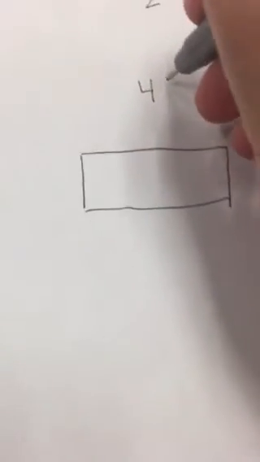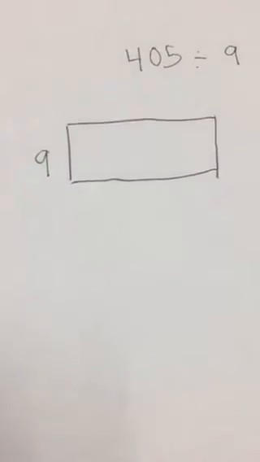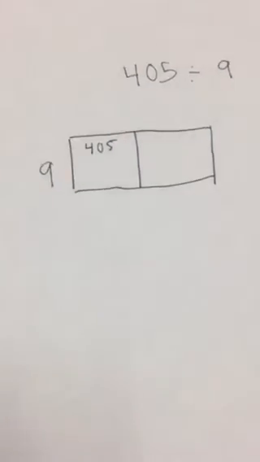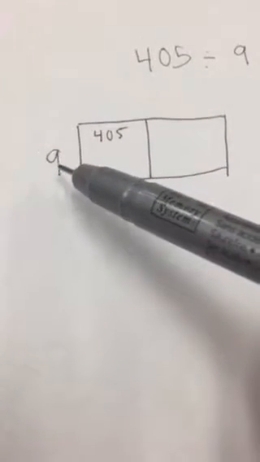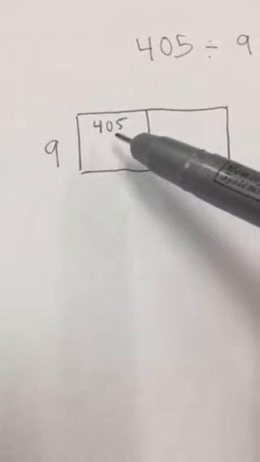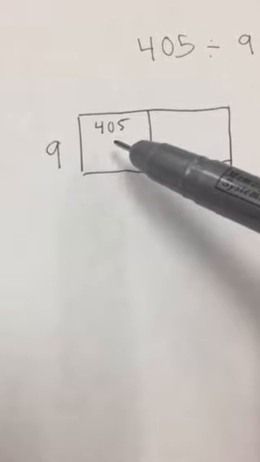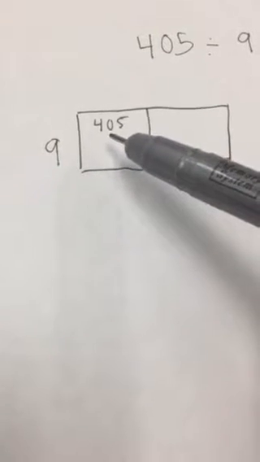Now what we're doing is, let's say we have the problem 405 divided by 9, okay? Your 9 will still go here because that's how many groups you have, but then the 405 actually goes inside the area model. All right, so the first thing we do is we say, how many times can 9 go into 405 reasonably?